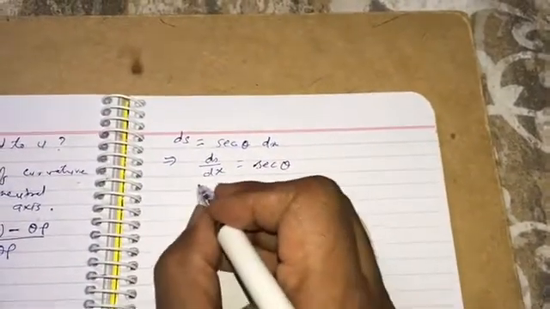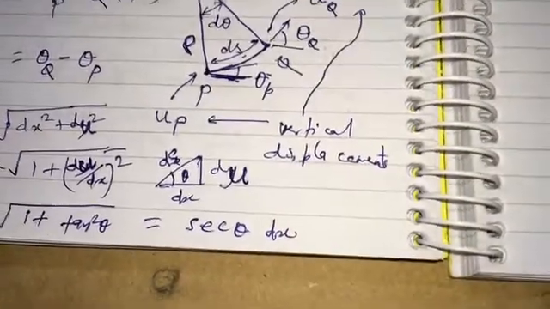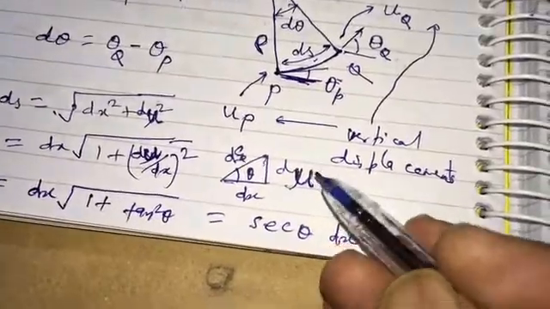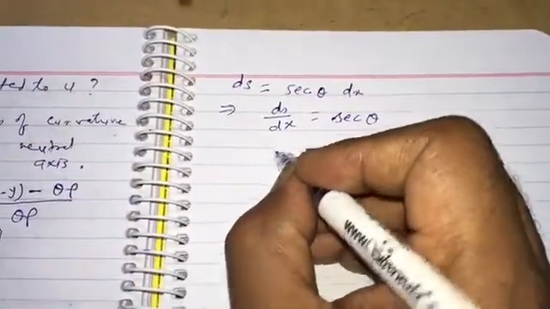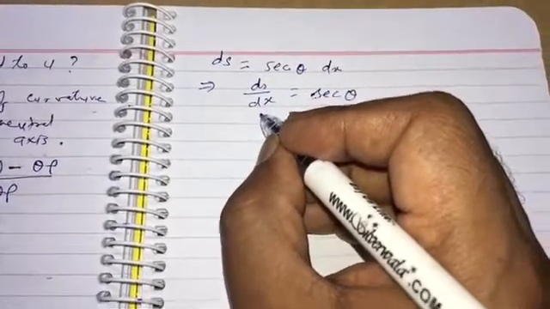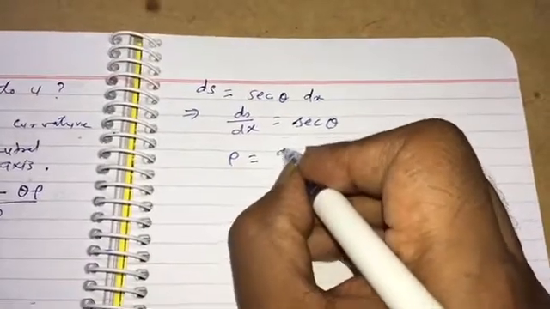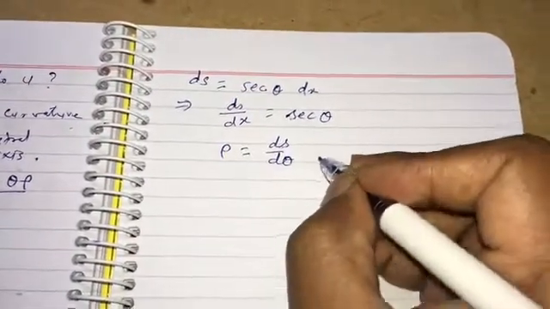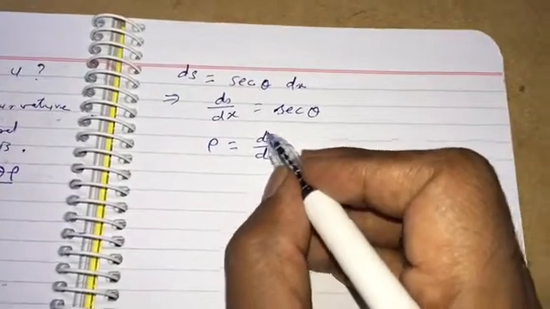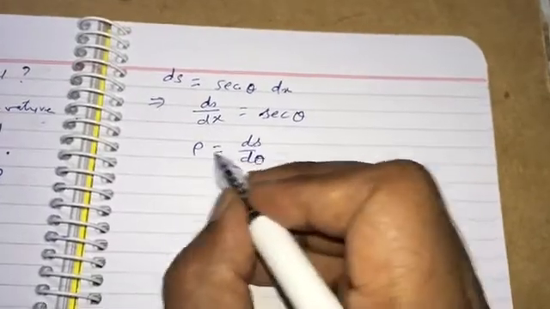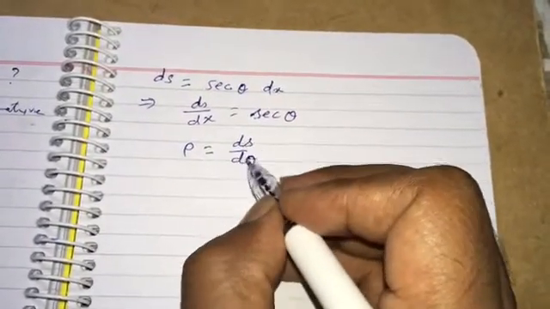Now, du over dx equals tan theta, so we will write it here also. Here we have ds over d theta, but remember, in order to find rho, rho equals ds over d theta. The total curve length divided by angle will give you rho, because curve length equals rho times d theta. So we have to get ds over d theta.